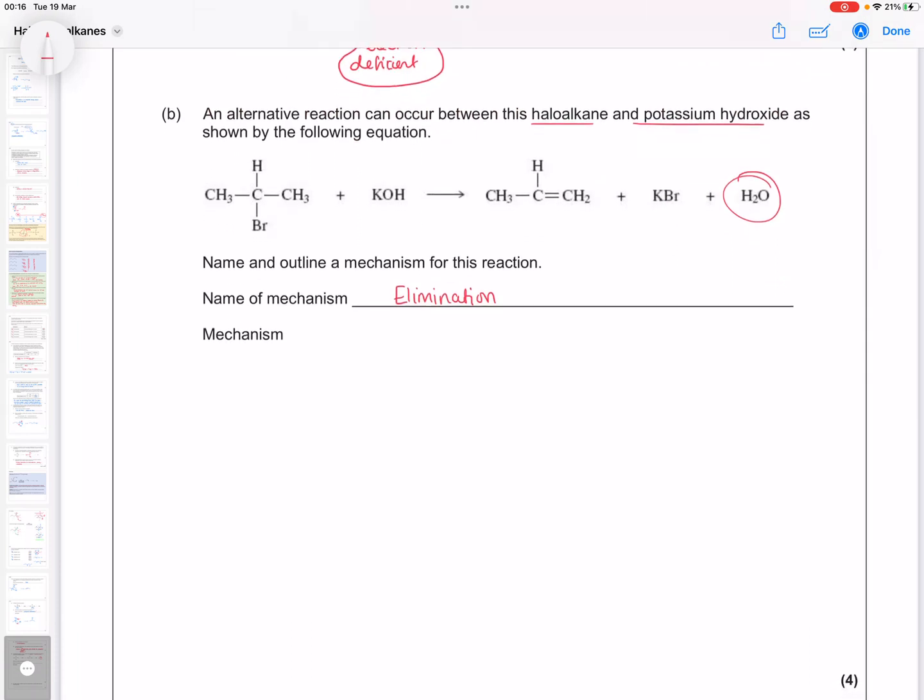The mechanism, and this time we're going to need some hydrogens that are adjacent to that carbon. The hydroxide ion attacks, and that's our product.